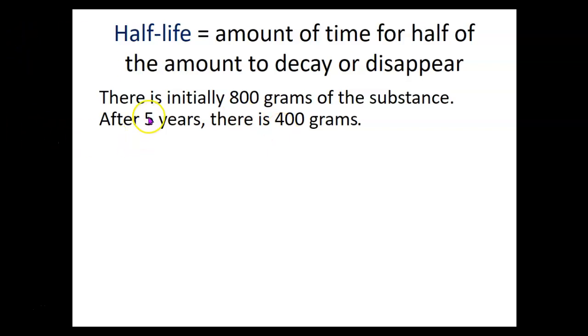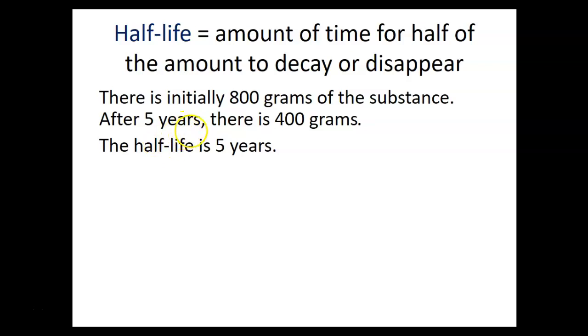So that means that 5 years was the amount of time for half of the amount to decay or disappear. We call that amount of time the half-life. So if it took 5 years to get from 800 down to 400, that means that 5 years was the half-life of this substance.